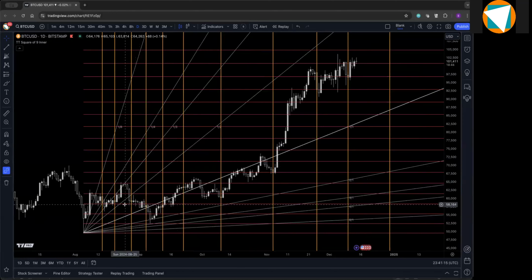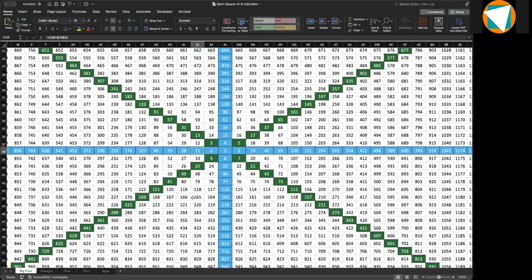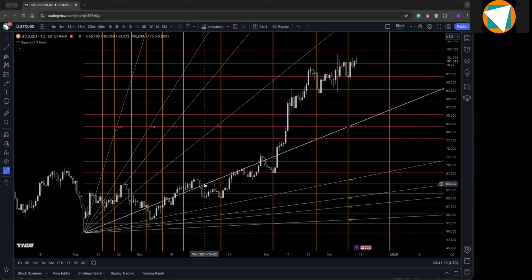how Mercury's orbit and its degrees of movement increases as we move around the square of 9. And that combined with the eccentric elliptical movement of Mercury is creating some very nice timelines here.